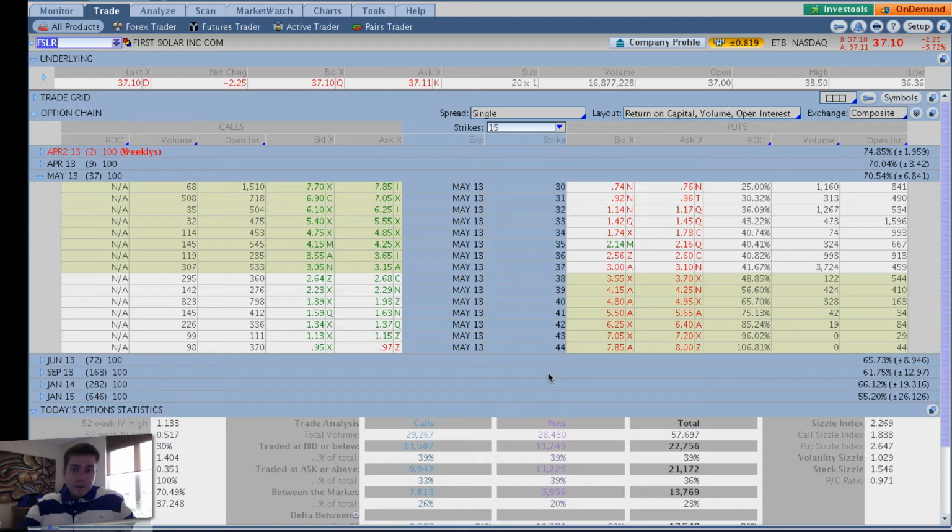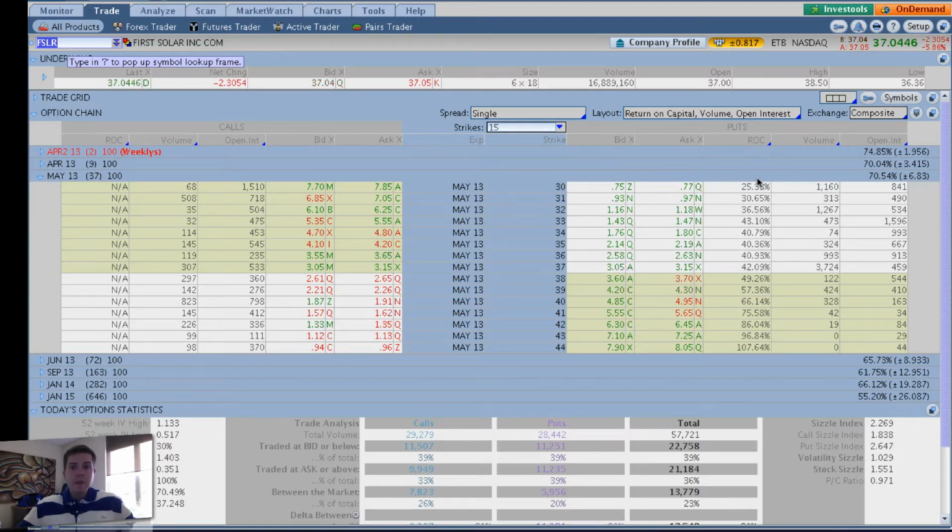How can you analyze to see if the probability of success is 75% or higher? It's pretty simple. We took a look at this FSLR trade in part 5, and we determined that 37 times 0.75, which is our minimum acceptable daily return on capital, is 27.75.